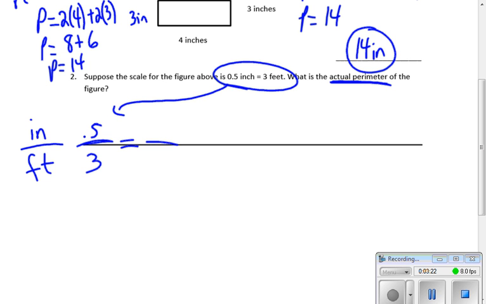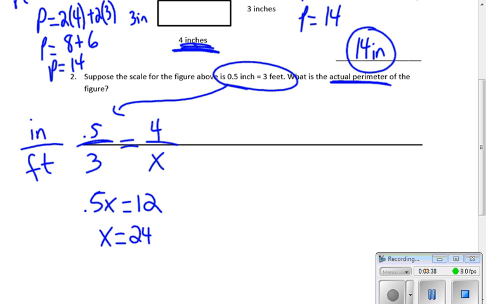In the other one, I know one of the sides is 4 inches, so let's start there. The 4 goes on top because it's inches. Inches is on top, and the x goes on the bottom. Cross multiply. 0.5x equals 12. Divide both sides by 0.5. x equals 24 feet. So this side is 24 feet.